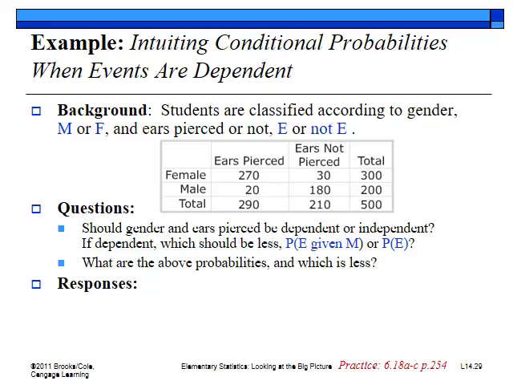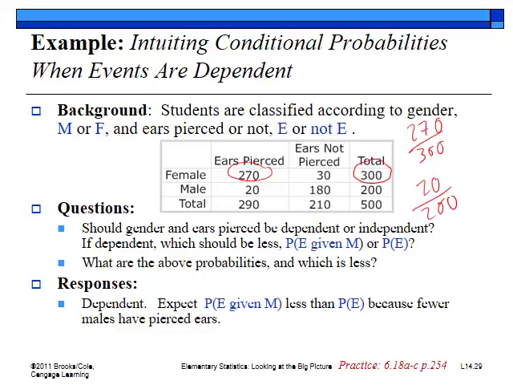But you notice that the proportion of females with ears pierced is 270 out of 300. That's females with ears pierced out of total number of females. Whereas the proportion of males with ears pierced is 20 out of 200. That's much less. So we conclude that these are dependent.